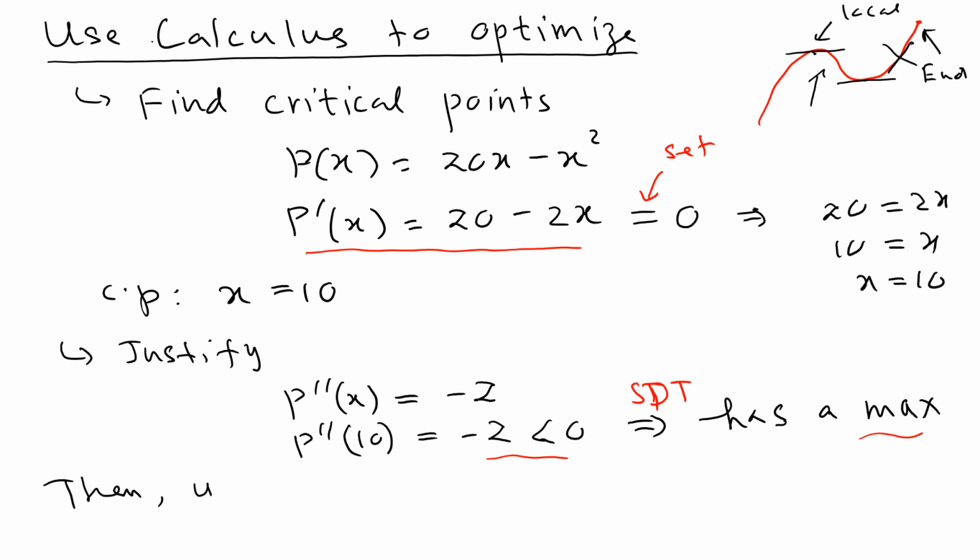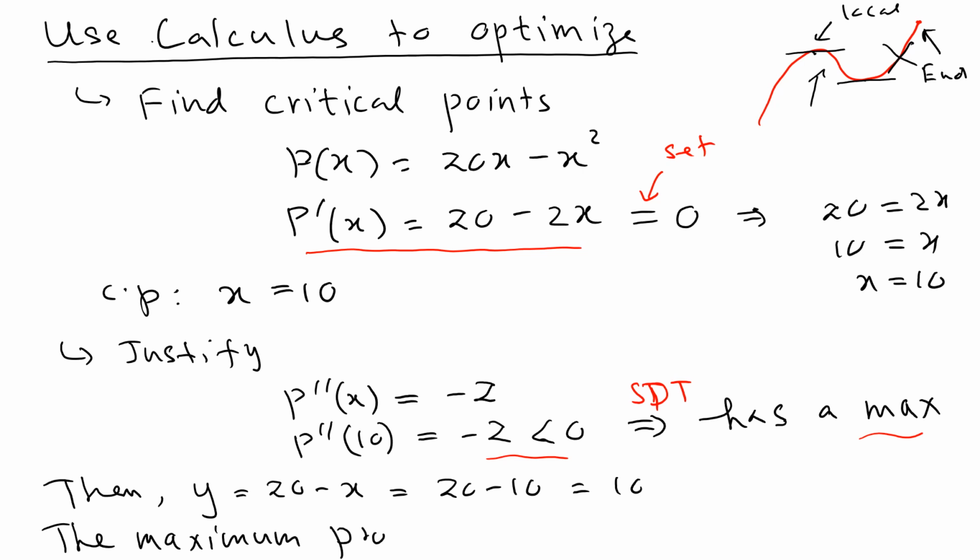So y equals 20 minus x. In this case 20 minus 10, so you get 10. So 10 is the corresponding y value. Now we know the x value and the y value, so we can write the maximum product. The maximum product is 10 times 10, which is 100.